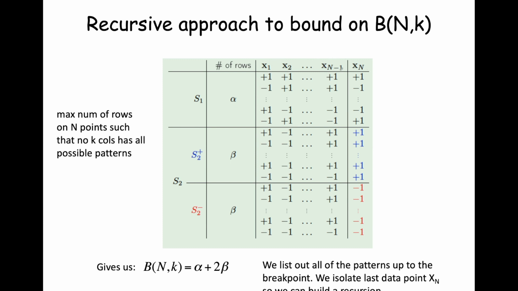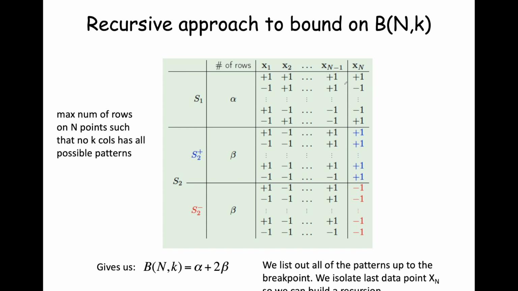And then the rows are going to represent all of the unique dichotomies, these patterns of plus 1, minus 1, labels on our data points. And so here we have n columns, and we're going to have some number of dichotomies, so each row is a dichotomy that you can induce on a data set of size big N.